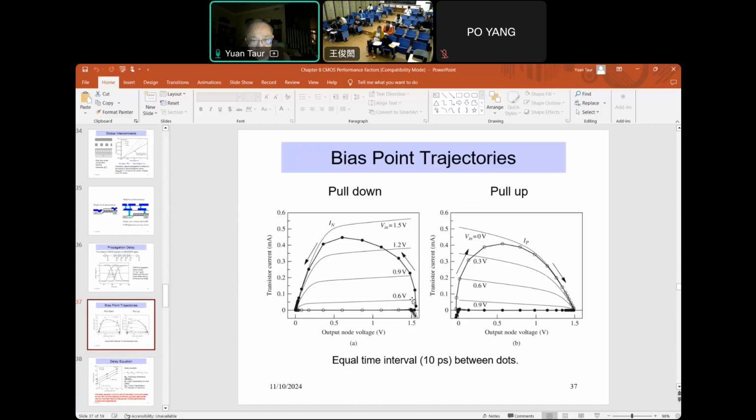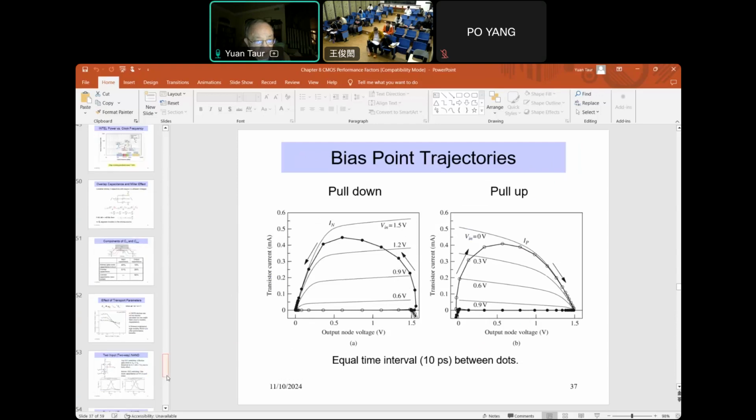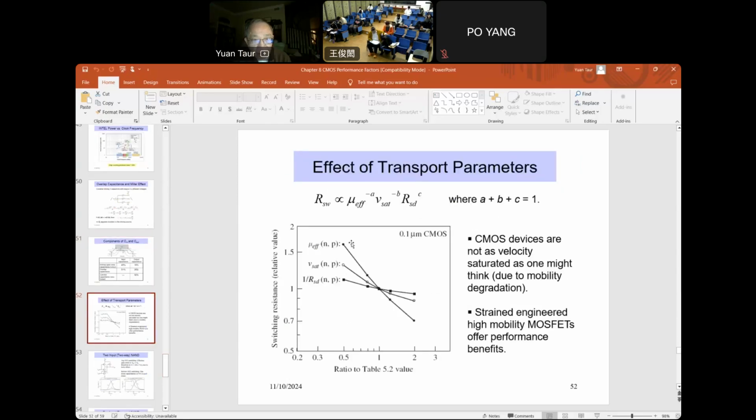So this explains why mobility is the more important factor. The delay is more sensitive to mobility than saturation velocity, as far as propagation delay is concerned.